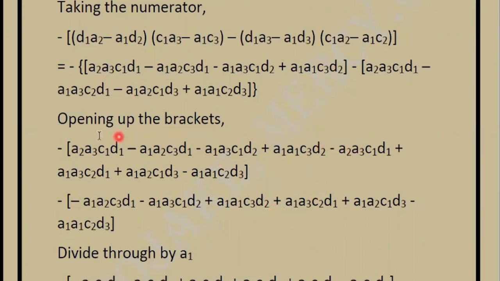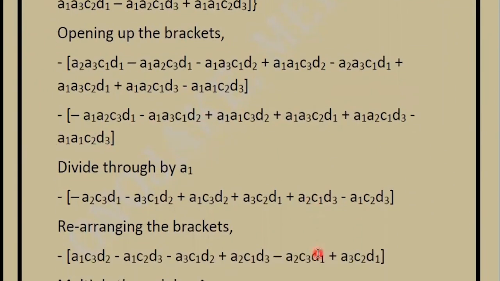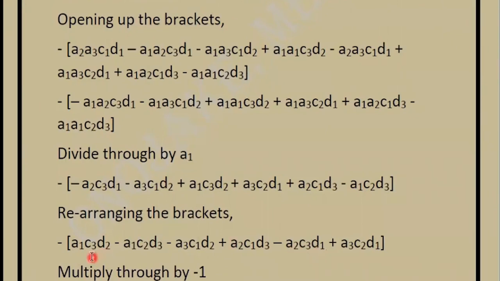That is this and this, leaving us with this. We divide through by A1 since it's reoccurring in every one of them, leaving us with this. Then we rearrange the brackets according to the like terms that we have.